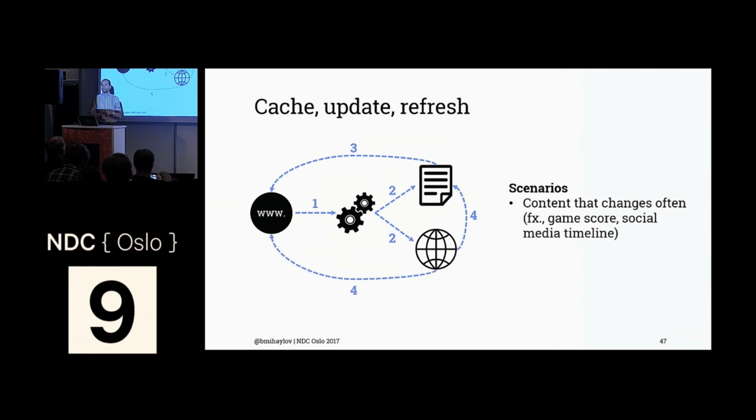Then we could use something else if we really want to update the view. We could do the same, but when we get the response from the internet, if we are connected, we update our view right away. This is useful, for example, if you think about Twitter or Facebook, where you have a timeline with events.